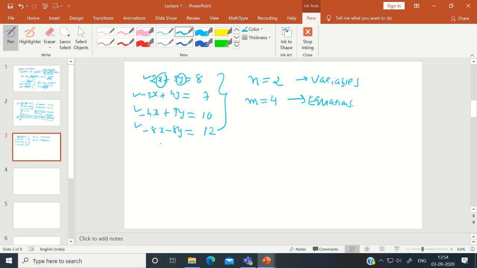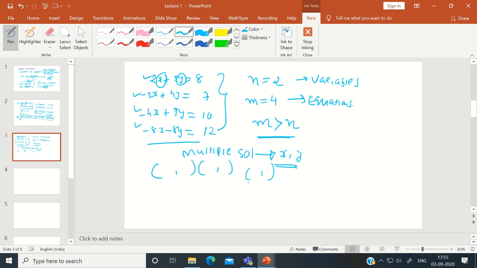In such a case, the number of equations is more than the number of variables. If you solve these 4 equations simultaneously, you will obtain multiple solutions, multiple pairs of x and y.